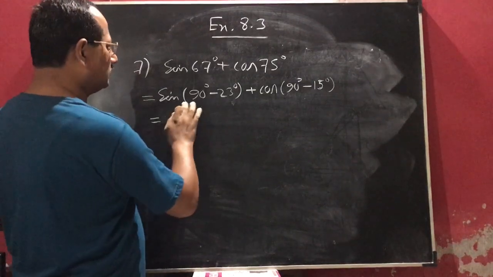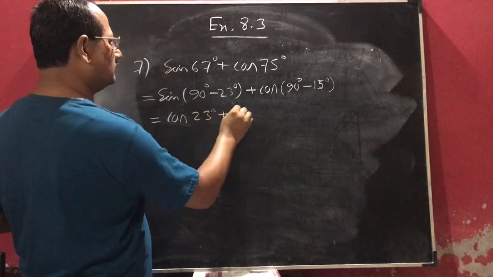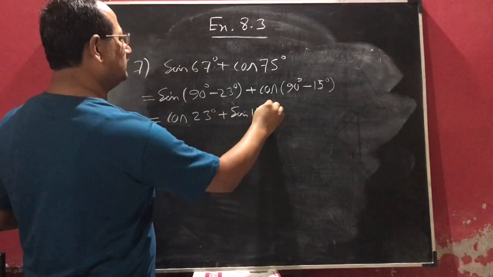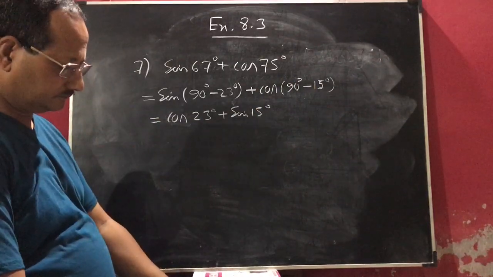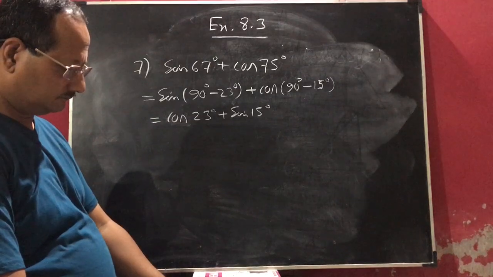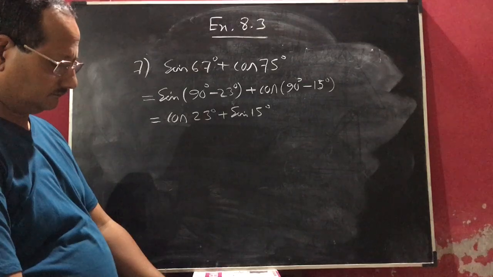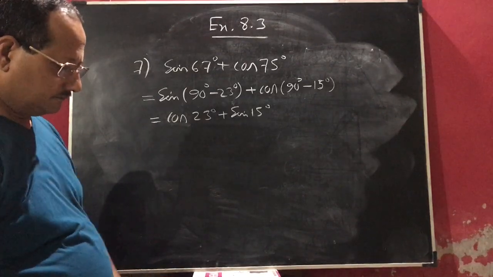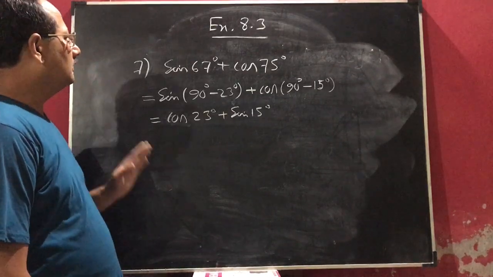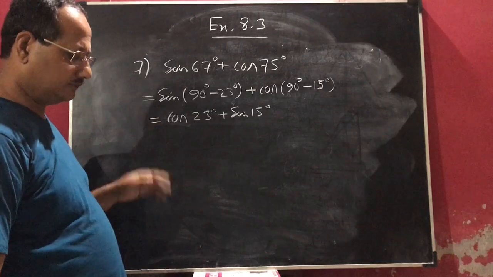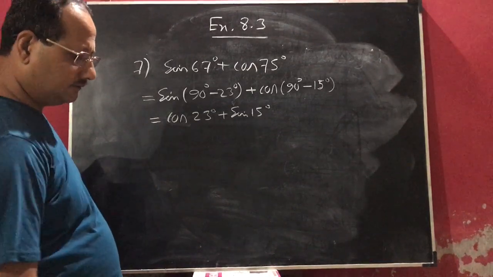Sine of 90 minus theta is cos theta. So cos of 23 degree plus sine of 15 degree. Cos of 90 minus theta is sin theta. Okay. So these are the solutions of exercise 8.3.